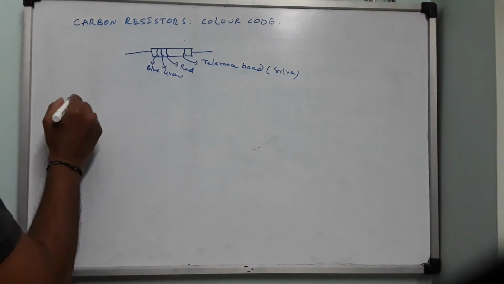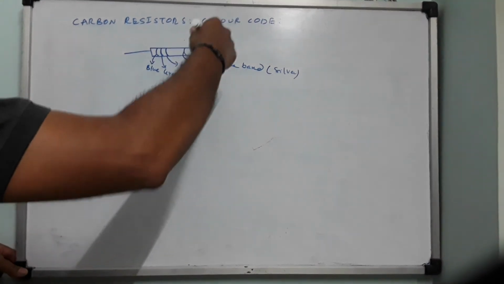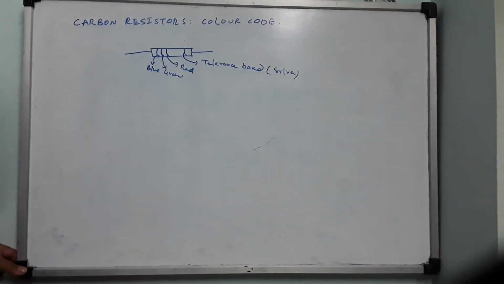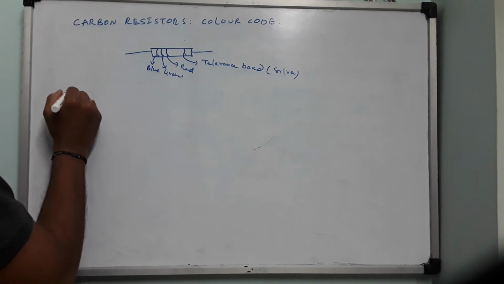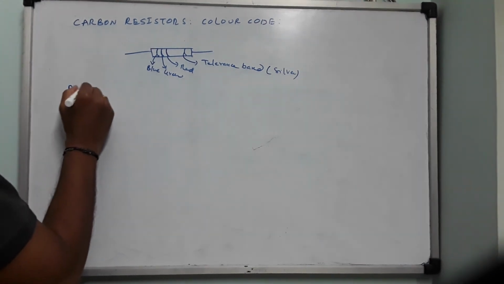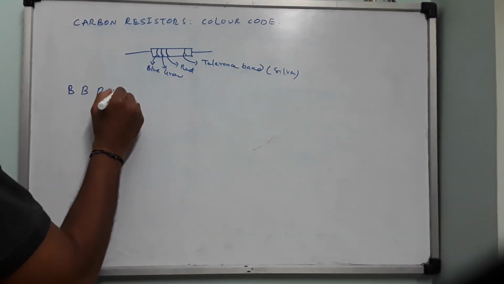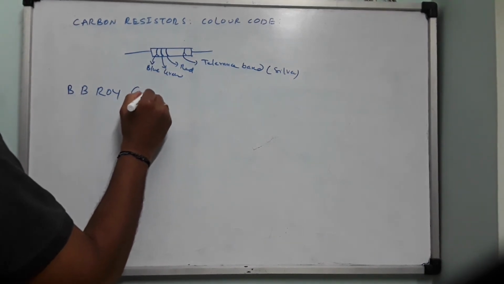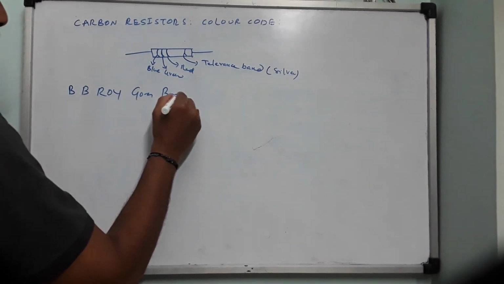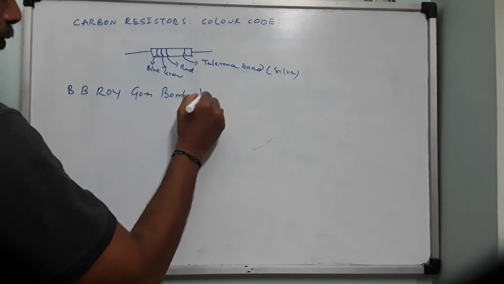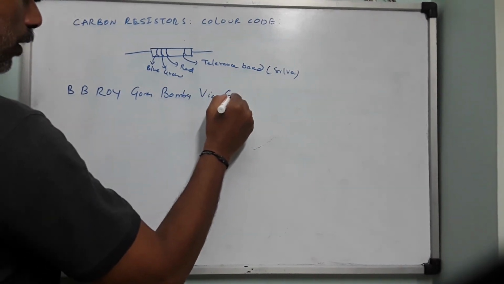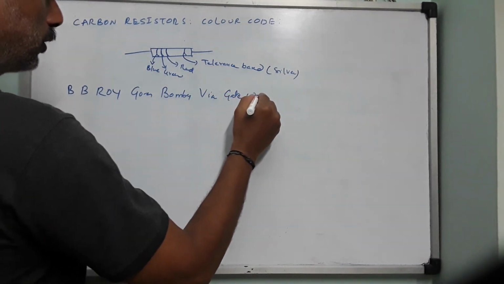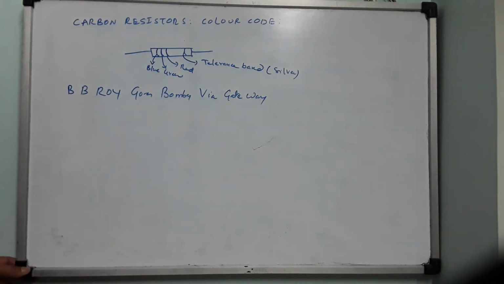So that color code, in order to remember the order of the weightages of colors, we have some statement like VB Roy goes to Bombay via Gateway. Though this statement is nowhere related to our study, but this is one way to remember the sequence of the colors.